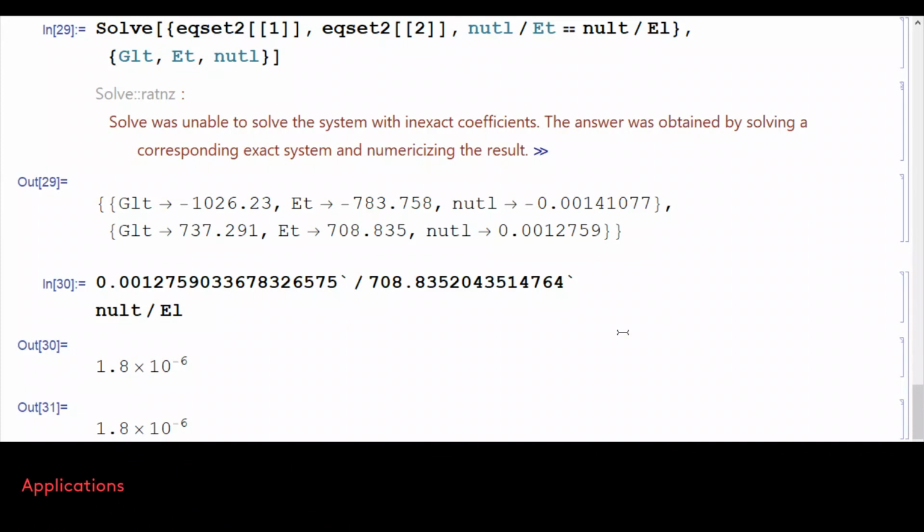So finally we have the result. Basically the shear modulus is 737.29 megapascals. The transverse Young modulus is 708.835 megapascals, and moreover the Poisson's ratio nu TL is almost close to 0.